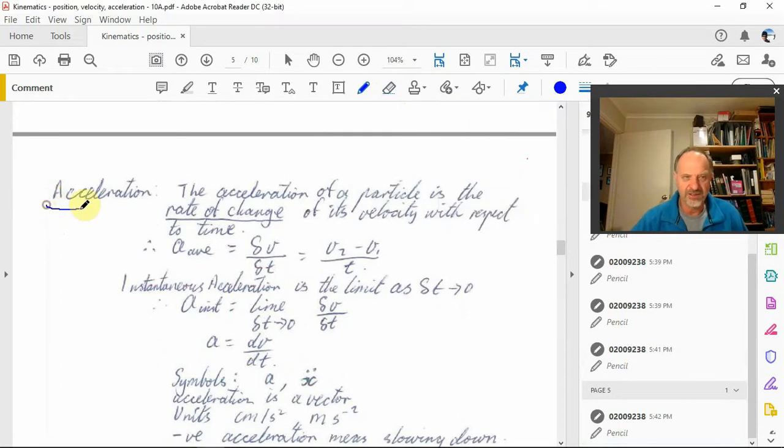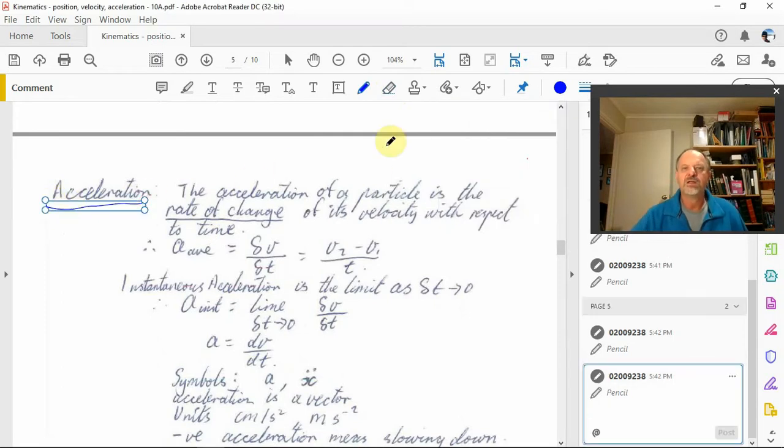So acceleration. It says here it's the rate of change of velocity with respect to time. So looking at it as we did before, the average is the change in velocity over the time, which of course is the final velocity minus the initial over the time.